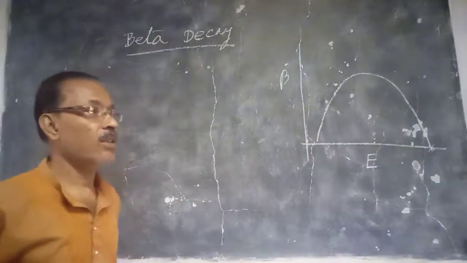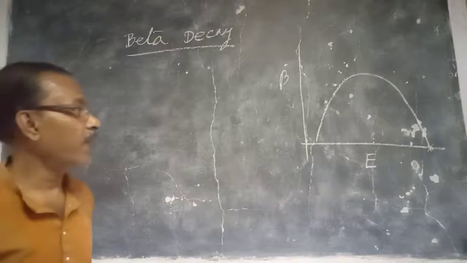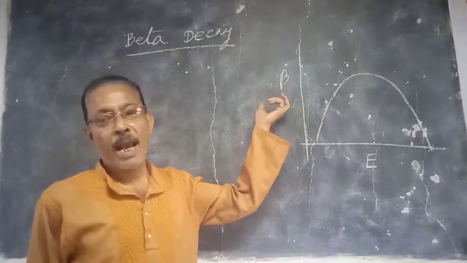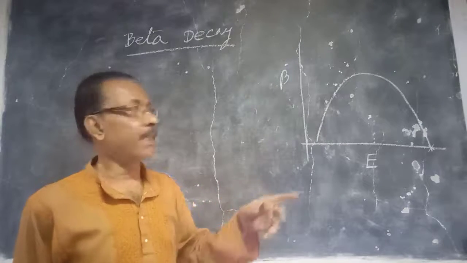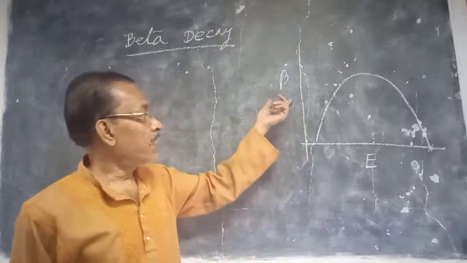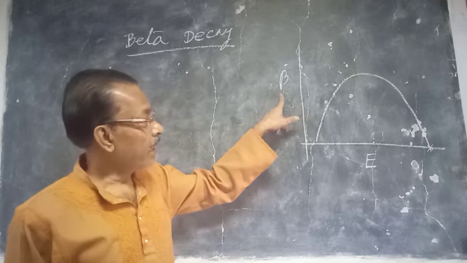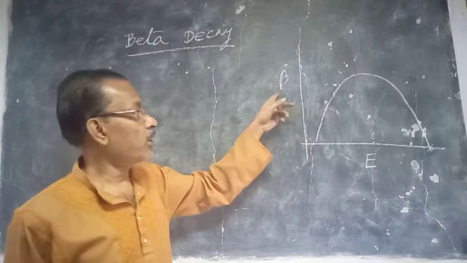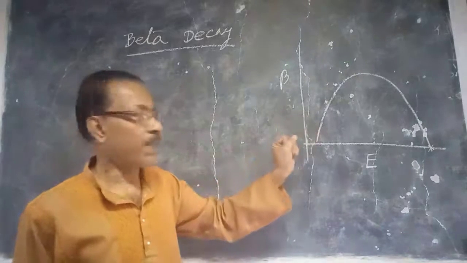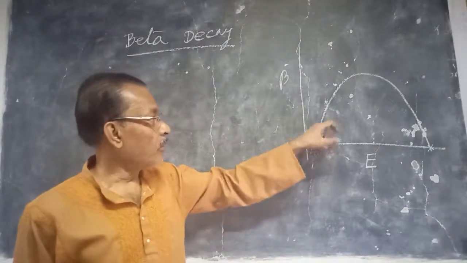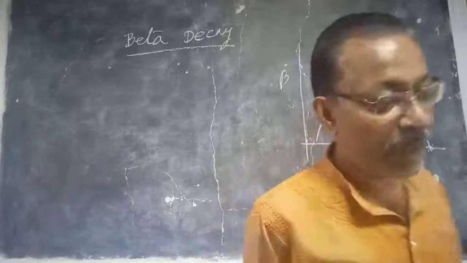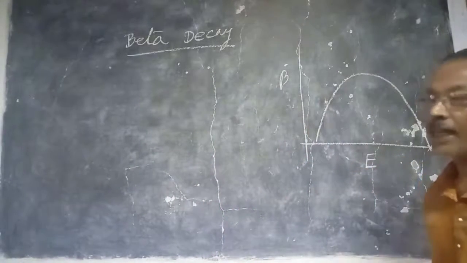Actually, electrons do not exist within the nucleus, but the electrons and the positrons form at the surface of the nucleus and are then ejected. So this is the energy distribution curve of the beta spectrum, where the electrons and positrons are emitted from the nucleus in beta decay.